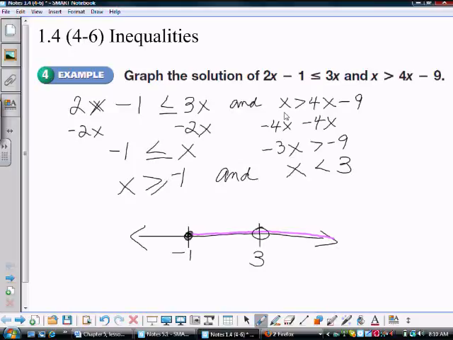Power fail or just computer fail? It's coming. Come on. Great. All right, let's try this. 1, 2, 3, 4.